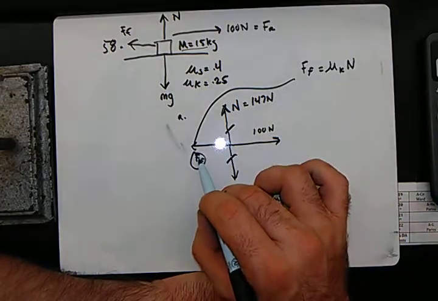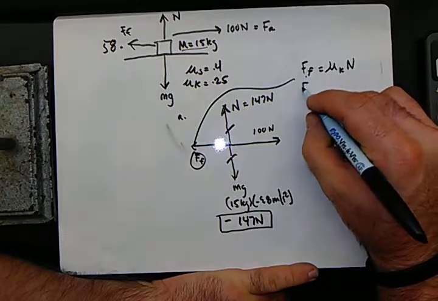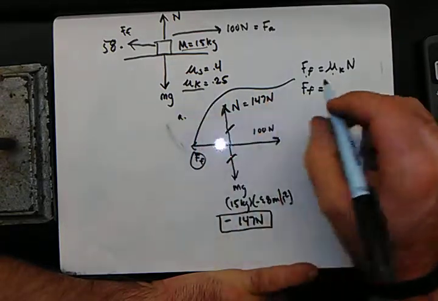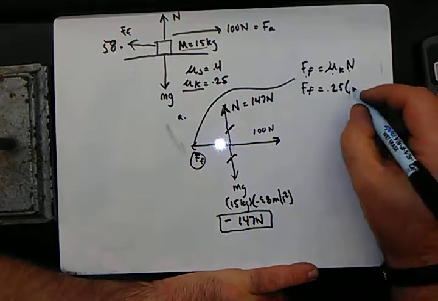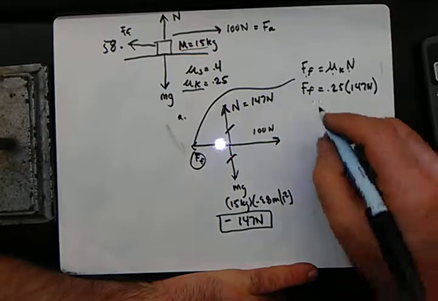Okay? Now it asks us in part B, what's the force of friction? So let's see what we got. Force of friction equals mu sub k, which we know is 0.25, times the normal force, 147 newtons.